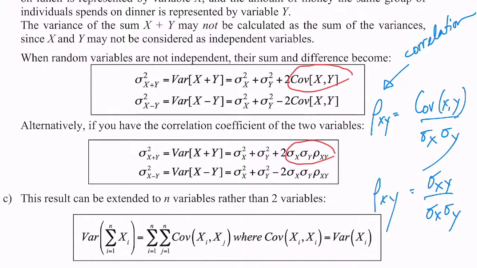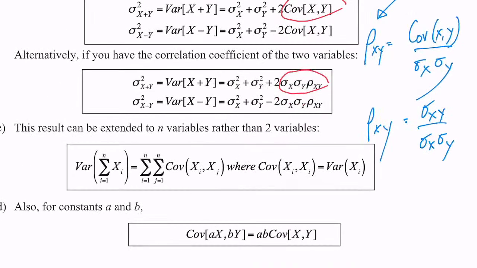That's what that says. And in the last statement, I mentioned, don't forget that the scalars in front come in front for the covariance, just like they would for the variance.